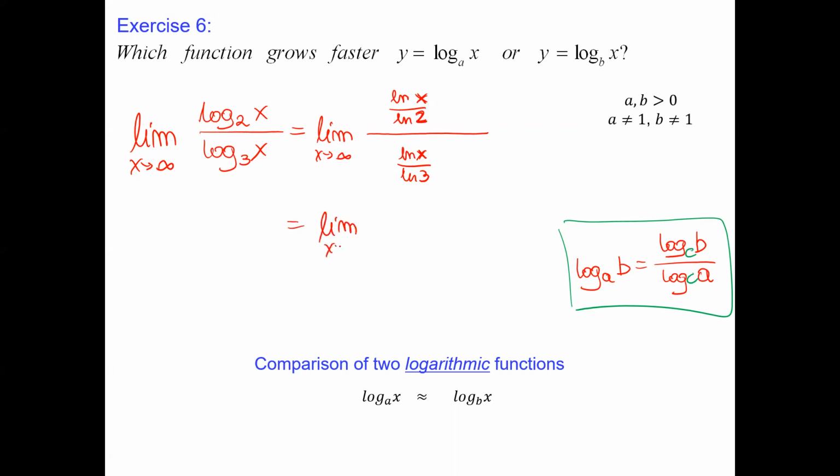Let's flip this: natural log of x over natural log of 2, multiplying by the reciprocal, and we can see they are the same function, just times a finite number. If we're getting a non-zero finite number from that ratio, both have the same growth rate, they are comparable.